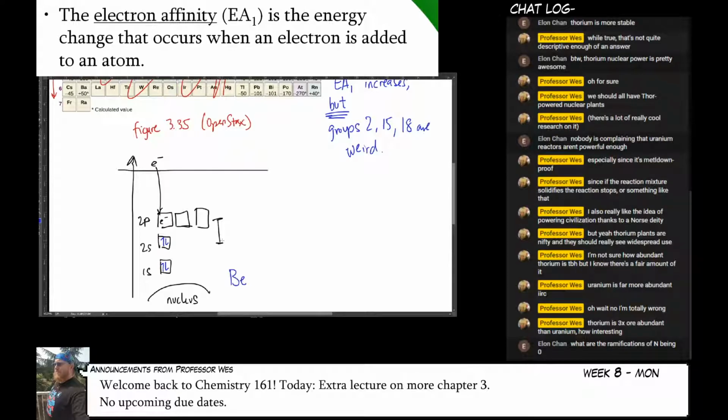But it also turns out that this electron in the 2p orbital is just too far away. For an atom with Z effective of 2+, it can't hold onto an electron in the p orbital.